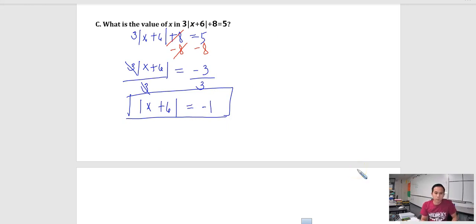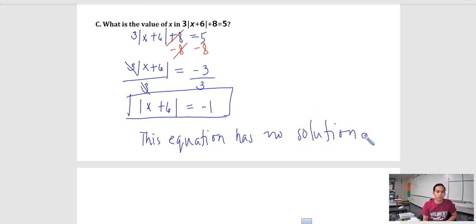Now, because the expression here, the absolute value of x plus 6, is equal to a negative number, which is negative 1, then I could say that this equation has no solution. So the absolute value of a number is a distance and cannot be negative. So always remember that. If your absolute value is equivalent to a negative number already, then it's no solution.